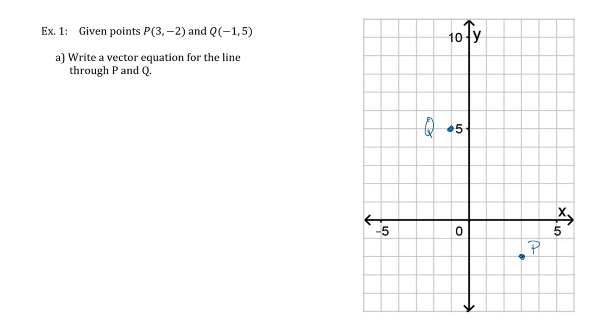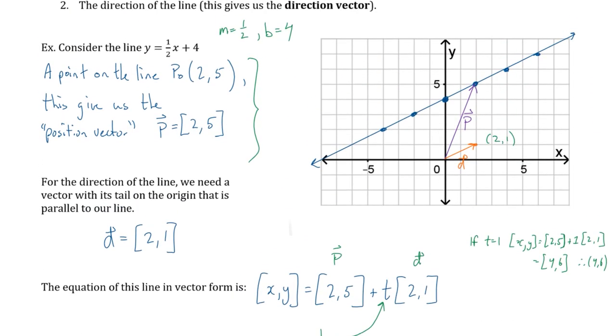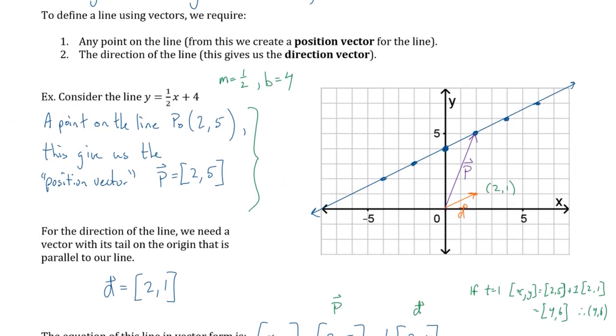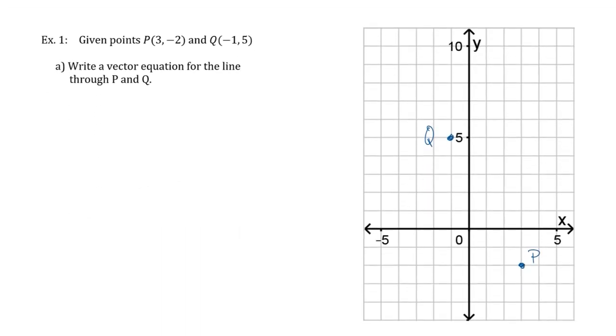So not only is this going to get us thinking a little bit and using some of the skills we already have, but it's going to get us used to working with vectors and the equation of a line and that kind of thing, right? Used to this notation. Now, let me go back up. What do we need to come up with a vector equation? We need a position vector, which is a vector to any point on the line with its tail at the origin and its tip at any point on the line.